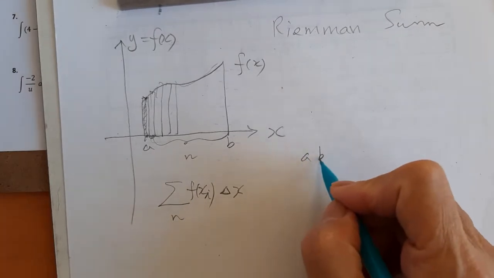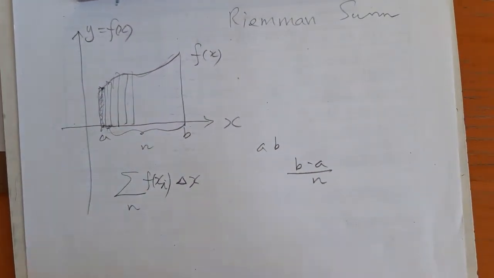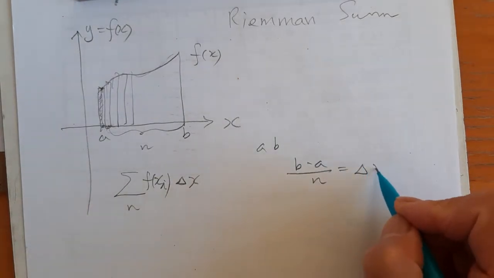From a to b, b minus a, if you divide it by n intervals, this we call delta x.